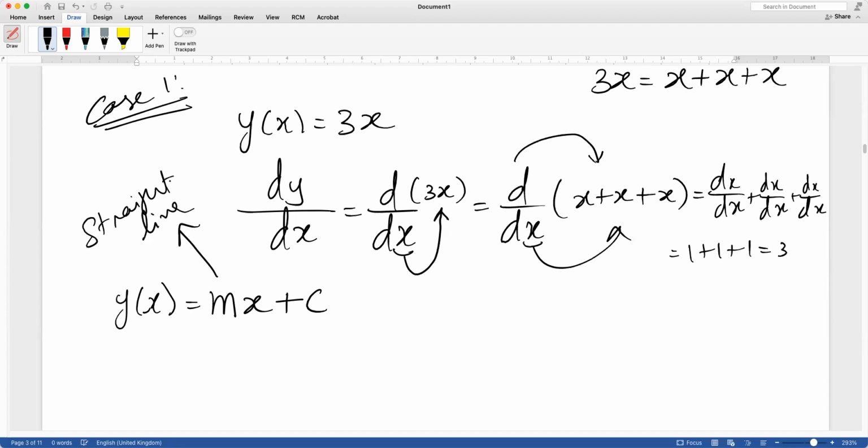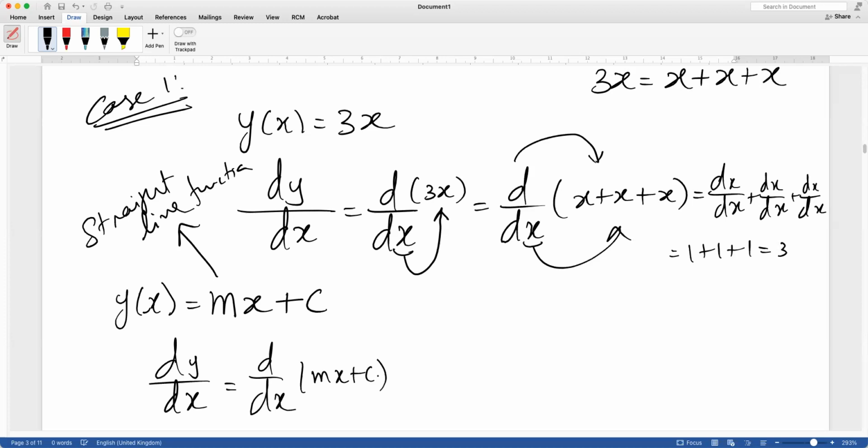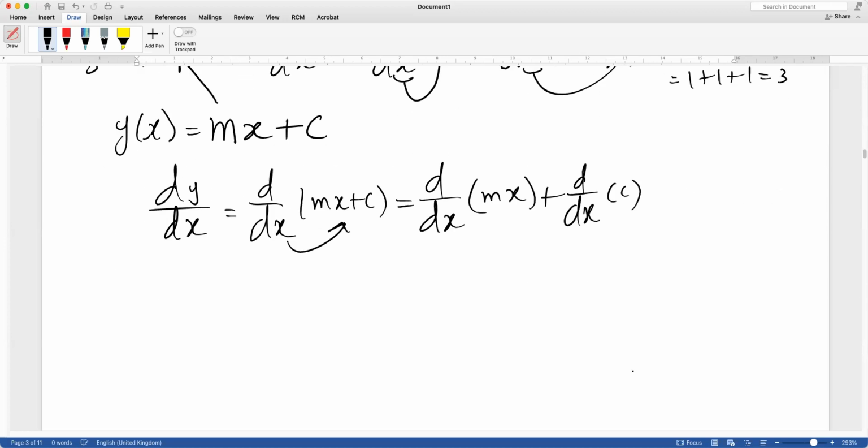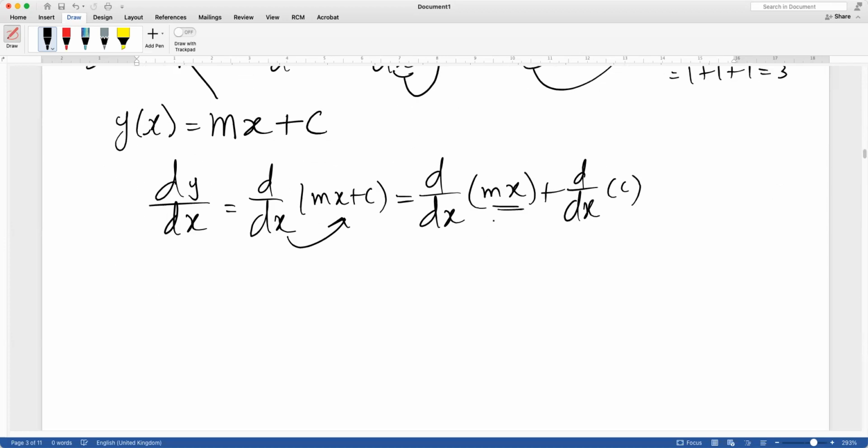Okay, straight line function. Linear function actually. So if you want to differentiate the function itself, the straight line function, this will be d by dx of our mx plus c. Is that okay? So now from the x point of view, it is an addition. So split the addition into two differentiations plus d by dx of c itself. Is that okay? Okay. So now we know that this mx is so many number of x's. Do you get that?